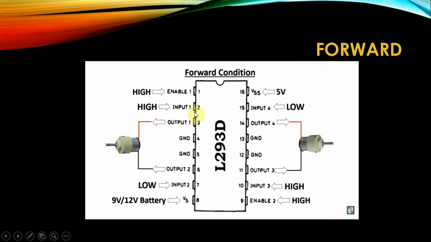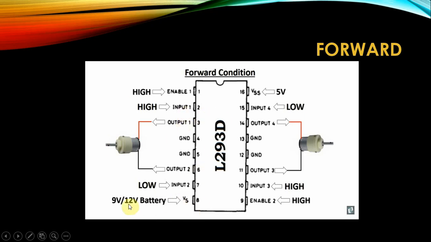If you give high at input 1 and low at input 2, the motor will rotate clockwise. Okay. And if input 2 is high and input 1 is low, the motor will rotate anti-clockwise. So this is what I explained earlier, that we can rotate the motor clockwise as well as anti-clockwise without changing the bias.